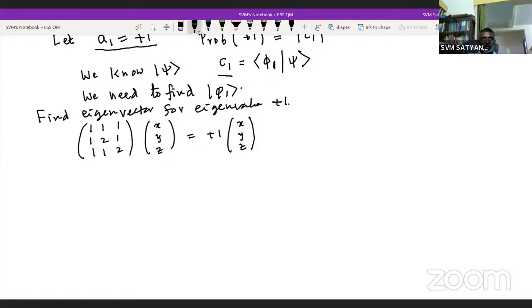So this will be like: first equation is y plus z is equal to 0. Second equation is x plus y plus z is equal to 0. Third equation is also same, x plus y plus z is equal to 0. So these two equations are same.